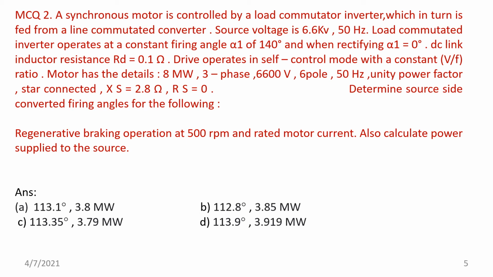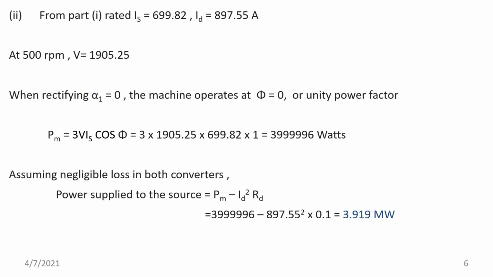For the solution of this, I_S we have calculated as 699.82 amps, I_D as 897.55 amps, and at 500 rpm we have calculated V as 1905.25 volts. In rectifying mode, alpha 1 is 0, so the machine operates at phi equal to 0 degree, or unity power factor. So I calculate P_M, which is equal to 3 times V into I_S into cos phi.